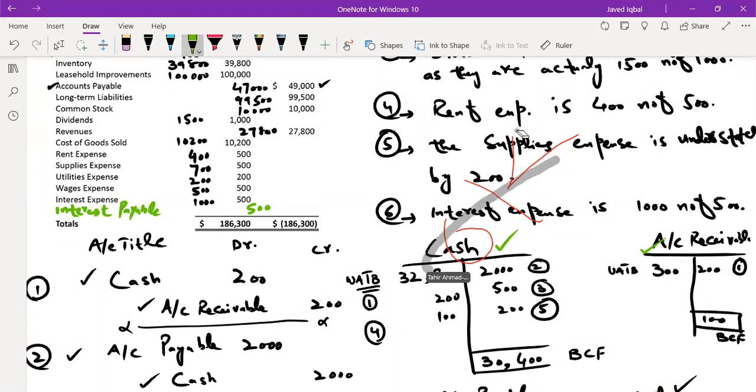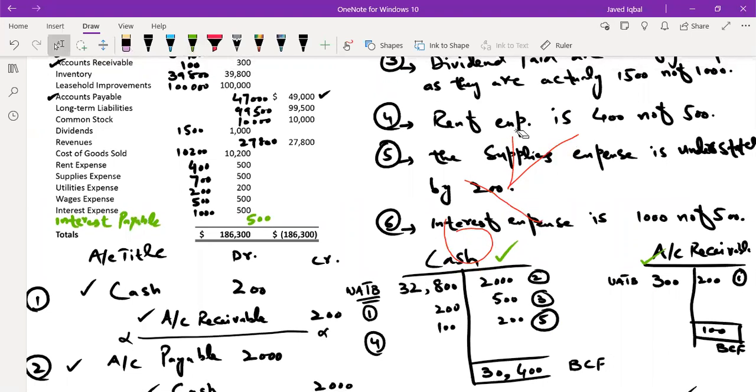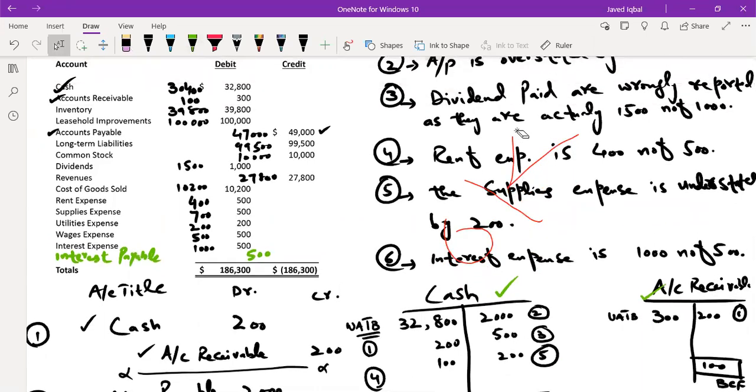Okay, so now can we have a new balance for all these amounts? We need to add these. Okay, this is 47, 57, 57, 57 and 7, 64, 84, 184,800.